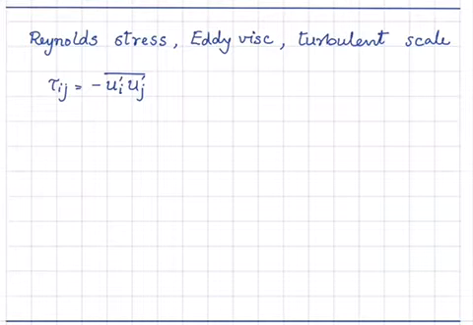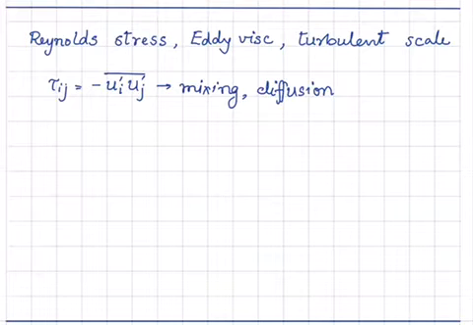But what we know about these is that physically they represent the diffusive effect of turbulent mixing, and in many ways they are similar or analogous to viscous stresses. So people have proposed formulas to calculate tau ij, which are very similar to what we already know for the viscous stress tensor.